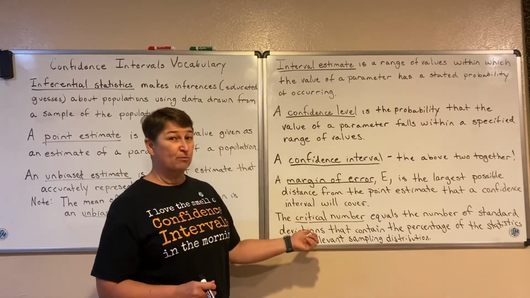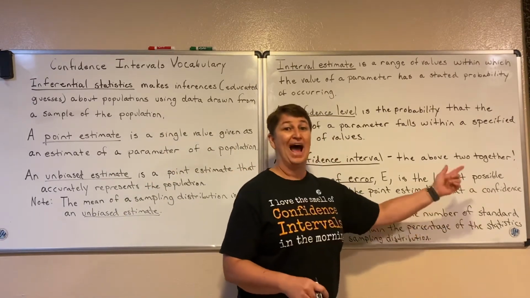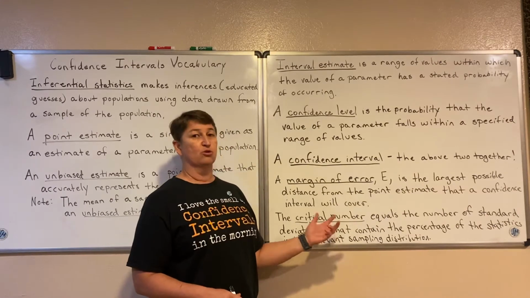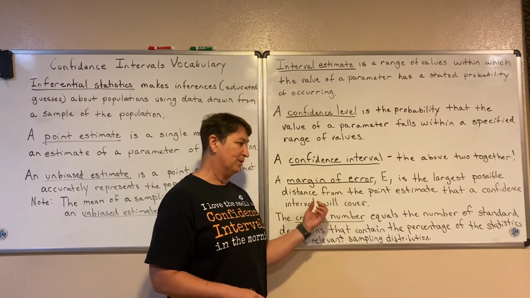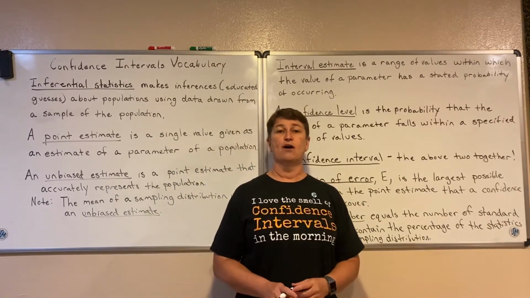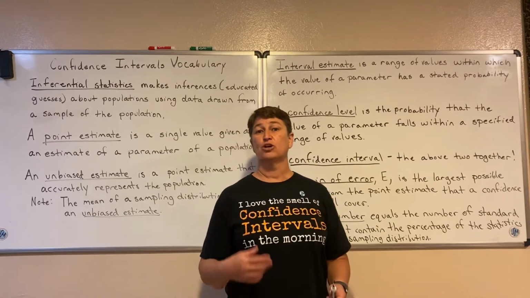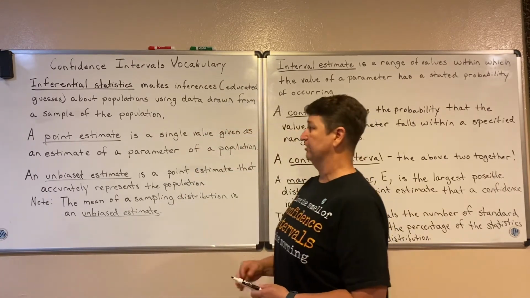The critical number is just the number of standard deviations out we're going to go. So it's got this fancy name, critical number, but it's really just the number of standard deviations we're going to go out for our confidence interval. So here are some of the vocabulary words that we're going to use throughout as we talk about confidence intervals.